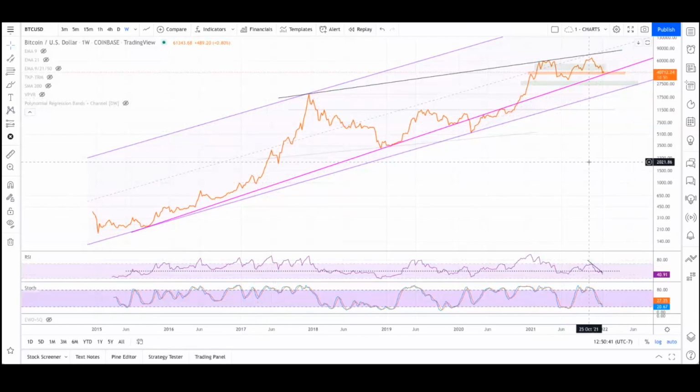So as you can see, the channel is almost perfect, really. And if you look at the channel midline here, you can see it's pretty close to hitting some of the highs and lows.